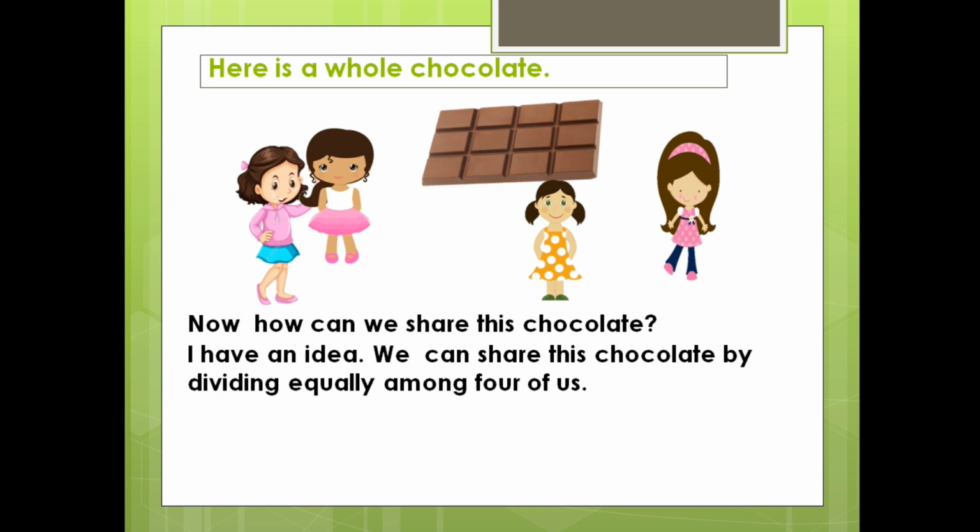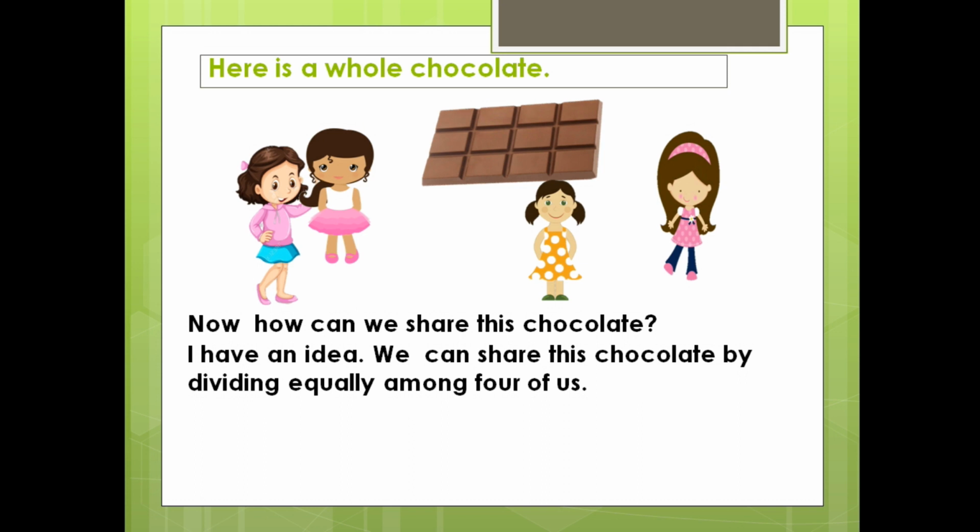So children, what did they do here? They saw a whole chocolate. Whole means complete, full. So when they saw the full chocolate, one of the girls asked, "How can we share this chocolate?" Then the other girl said, "I have an idea. We can share this by dividing equally among 4 of us."